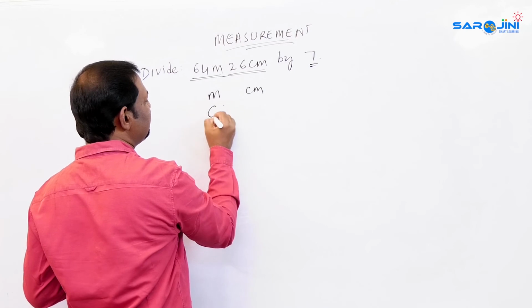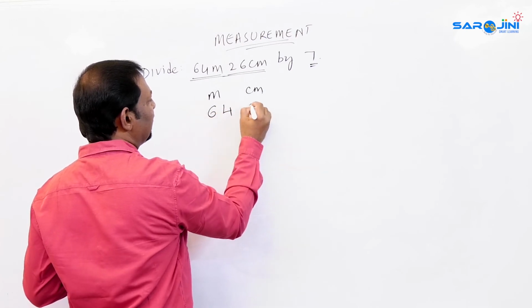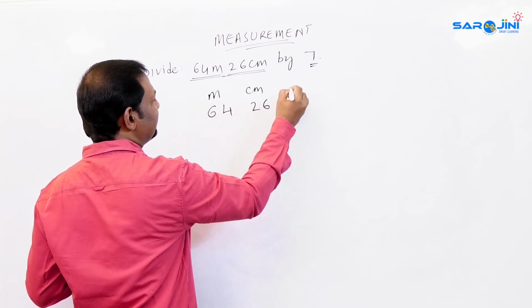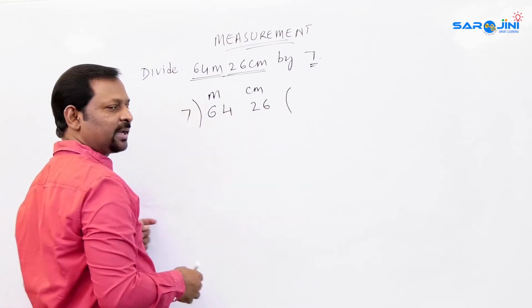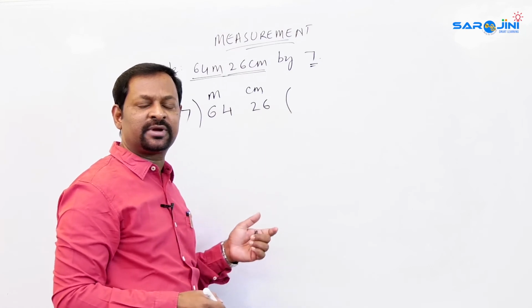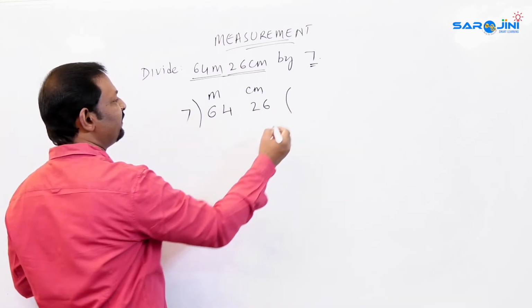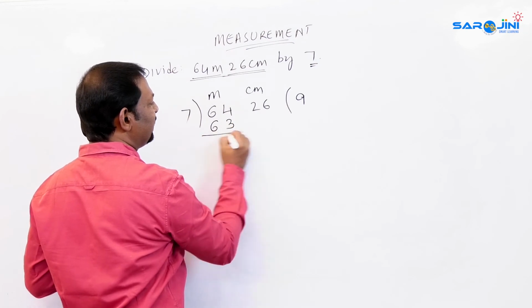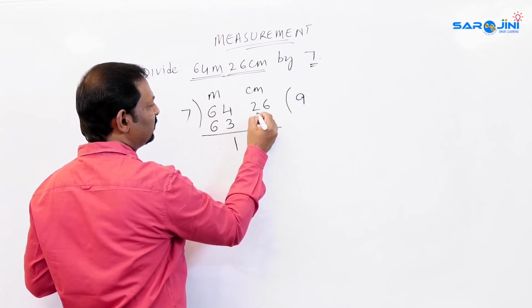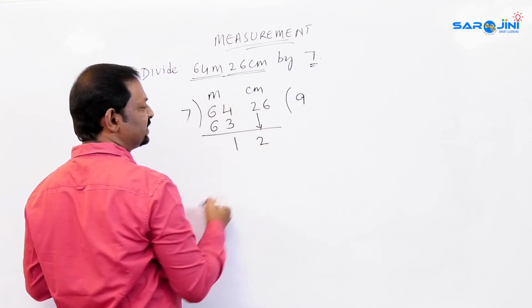So 64 meters and 26 centimeters is divided by 7. For this we need the 7 table. 7 nines are 63. Now what is left? 1. Bring down this 2, that makes 12.